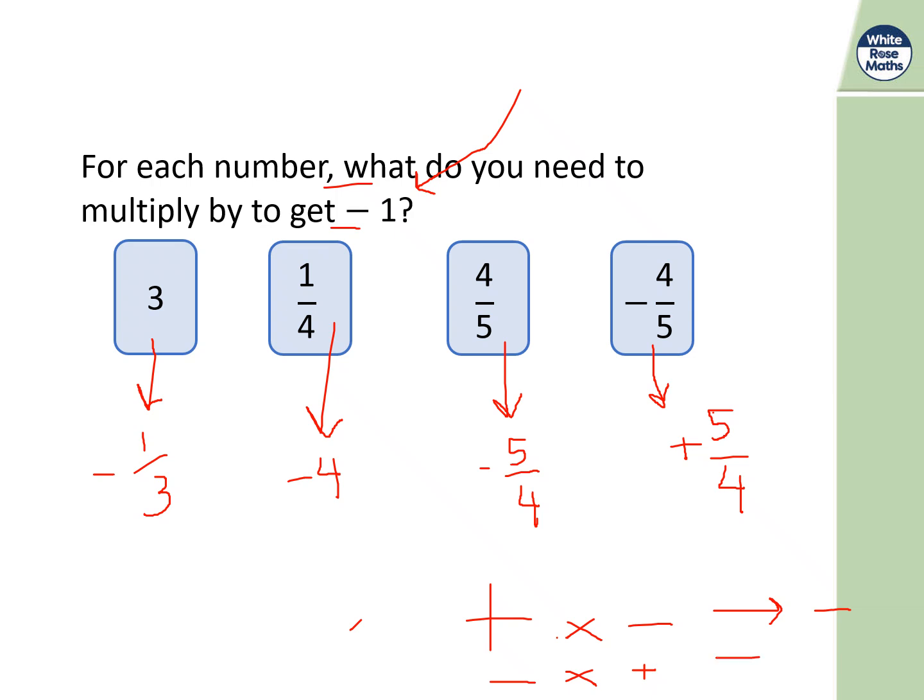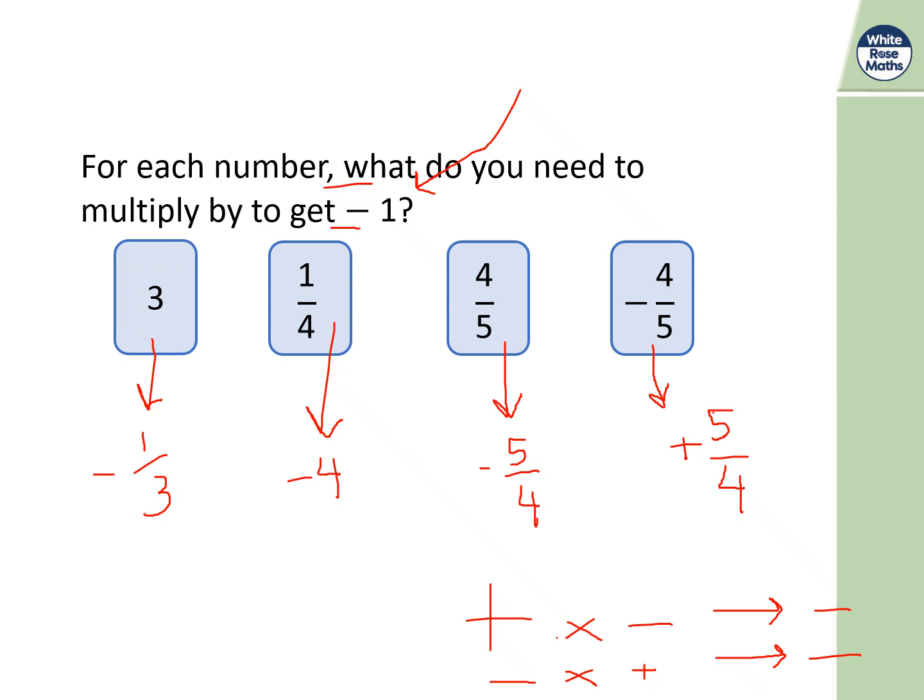So they can't ever both be negative and they can't ever both be positive. Otherwise, you'd get positive 1 rather than minus 1. So remember your rules of negative numbers. And I've got loads of videos revising that topic, so feel free to check them out on my TikTok, my Instagram, my Facebook, or my YouTube.